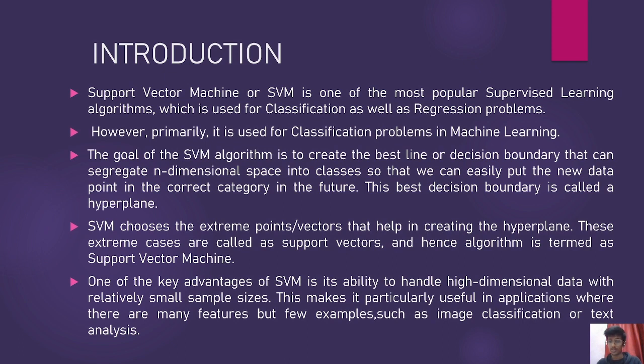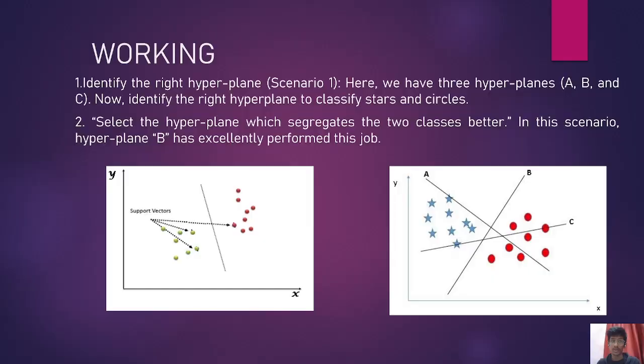High dimensional might be 3D, 4D and so on, so it's not limited to two dimensions. It can also handle large amounts of data and different data types. So this is the introduction, and coming to the working.